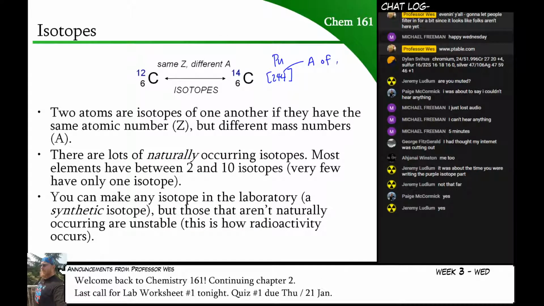So that's the mass number of the most stable isotope. However, the brackets themselves indicate that these are synthetic and therefore radioactive.